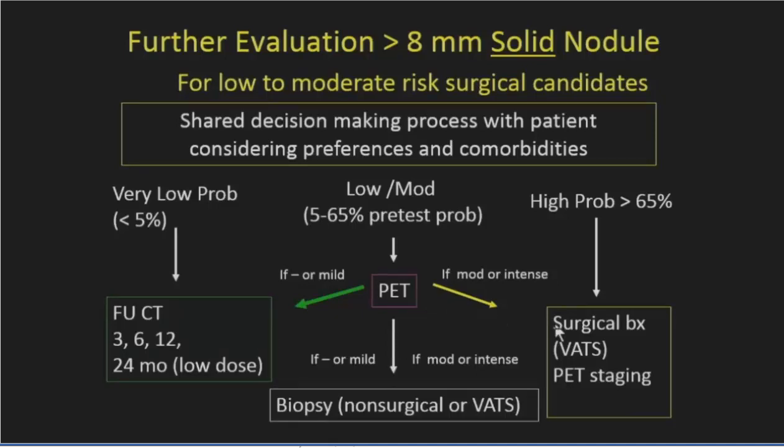And if positive, these tend to be aggressively biopsied or surgically removed or minimally invasively biopsied, depending upon the institution. And of course, if biopsy is not diagnostic, follow-up is something that we've always been performing.